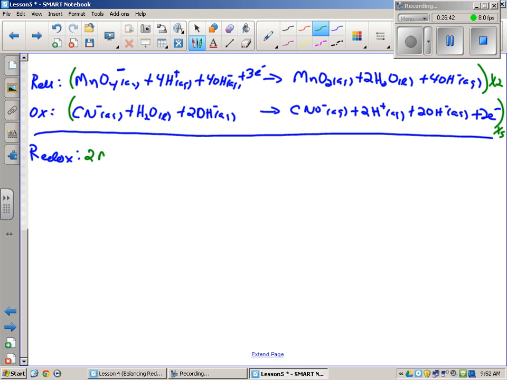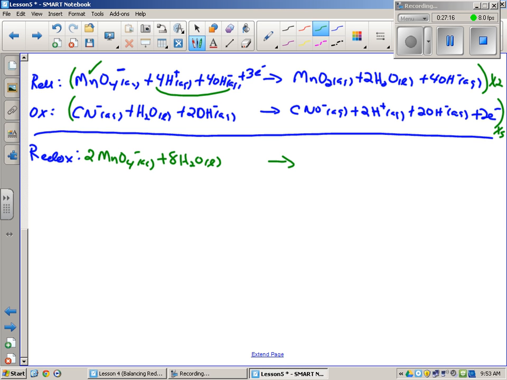2 MnO4 minuses. I'm going to put my arrow right here again. So that one's done. And you can even go through and check them off as you go. Okay? I'm going to focus on the top part. Look, guys, 4 H pluses and 4 hydroxides gives me 4 waters, yes? Yeah? H plus and OH minus is water. So I got technically 4 H pluses, 4 OH minuses, that's 4 waters. 4 waters times 2 is actually 8 waters.